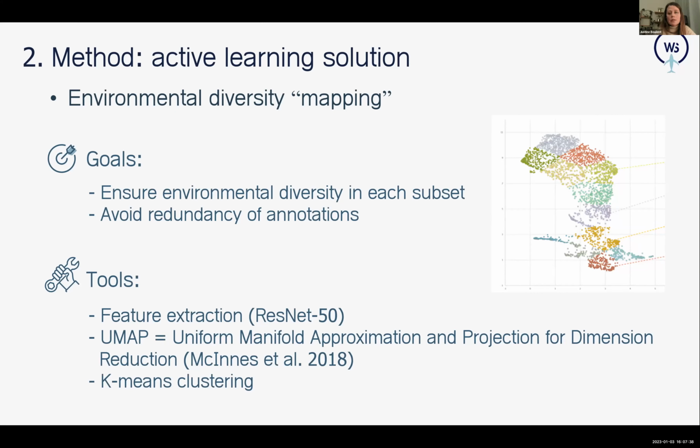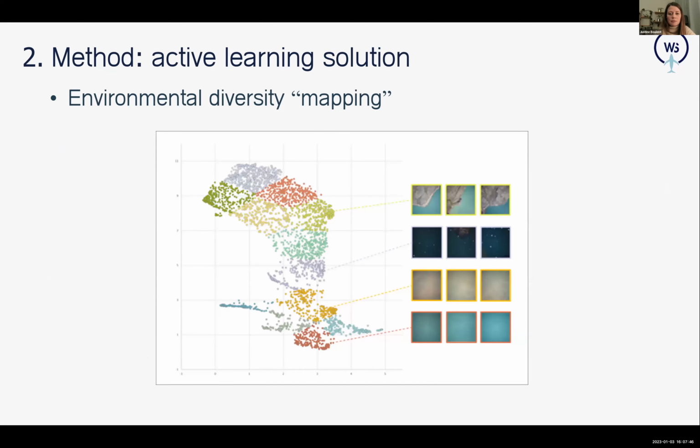And roughly speaking, the more two images are similar, the closer they are in the representation. This is what you can see here, where this area, for example, contains tiles with images with clear blue water, and on this yellow cluster we have more turbid waters.